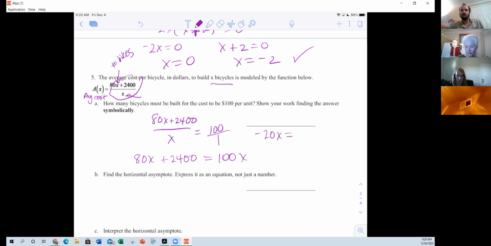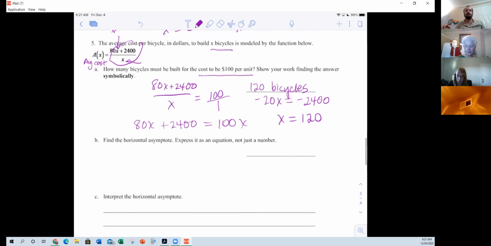I could set it equal to 0, but I'm not going to. I'm just going to say negative 20X equals negative 2400, with the X all by itself. Then divide both sides by negative 20, and that's going to give me 120. So the answer would be 120 bicycles for the cost to be $100 per unit.